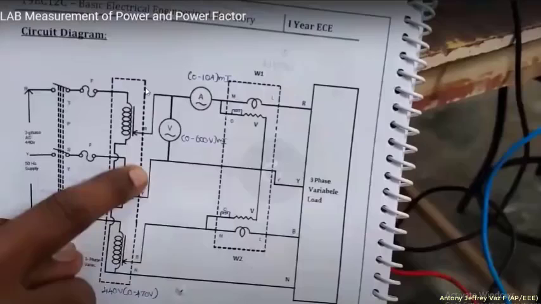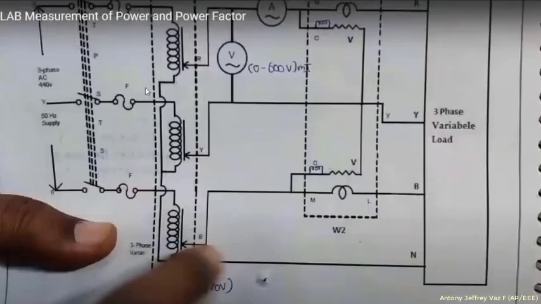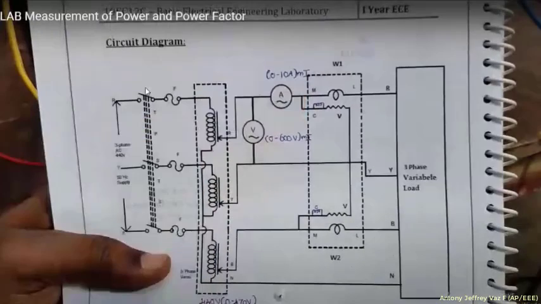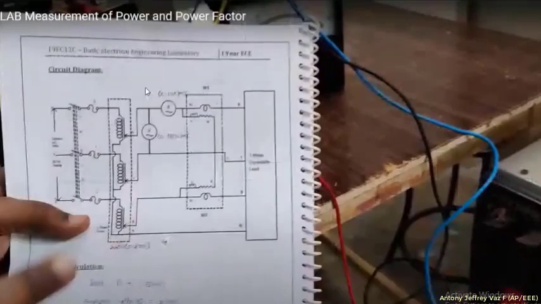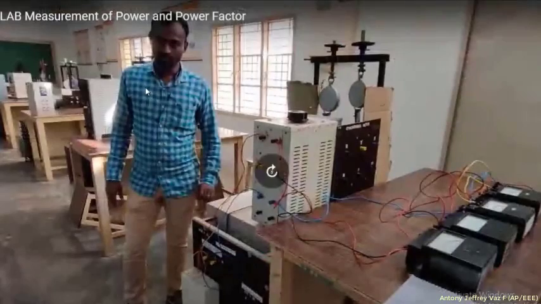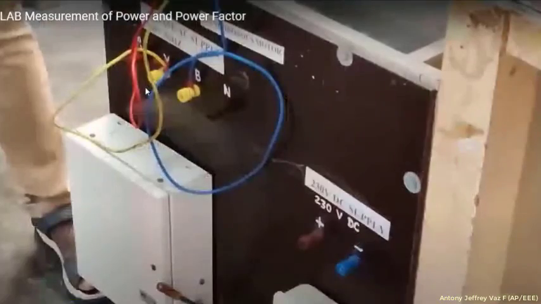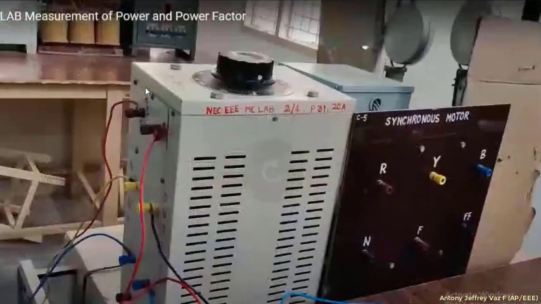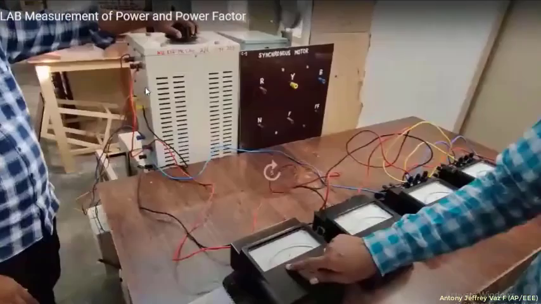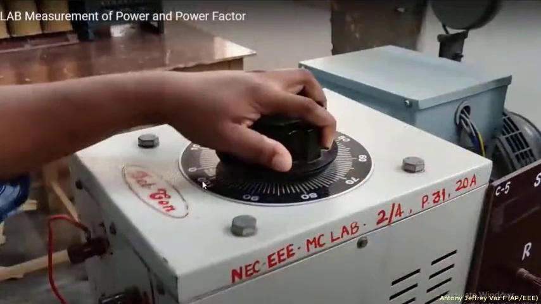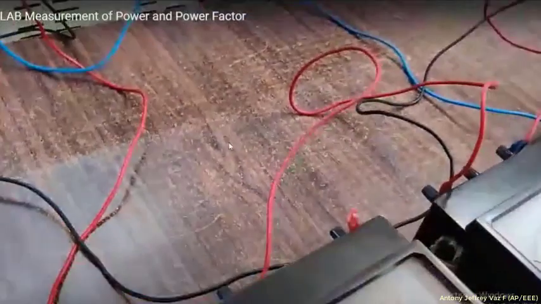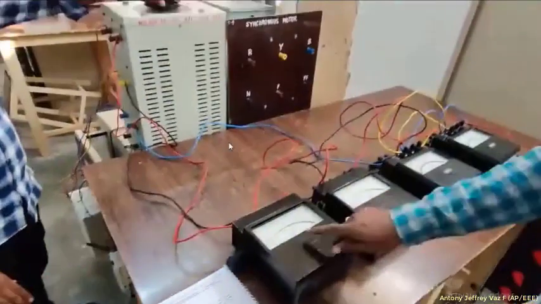This is the resistive load, which is connected to the wattmeters. Here the practical session is starting. You need to supply voltage by increasing the knob.